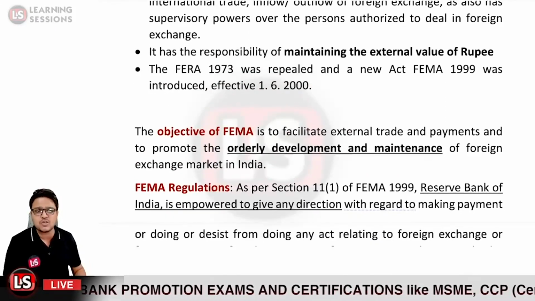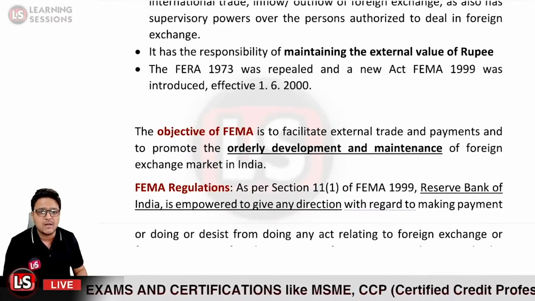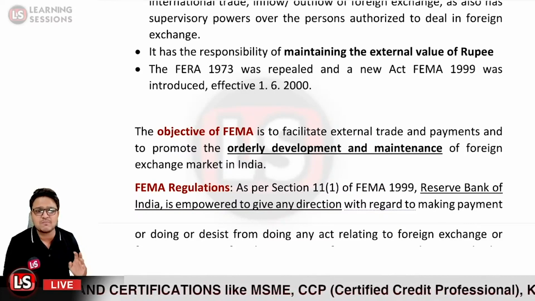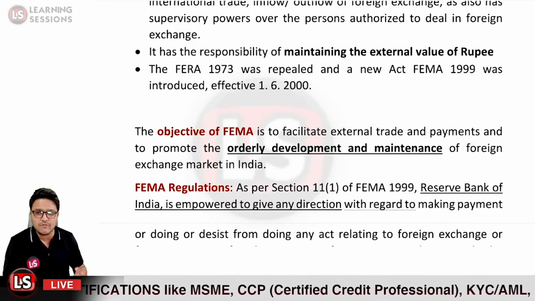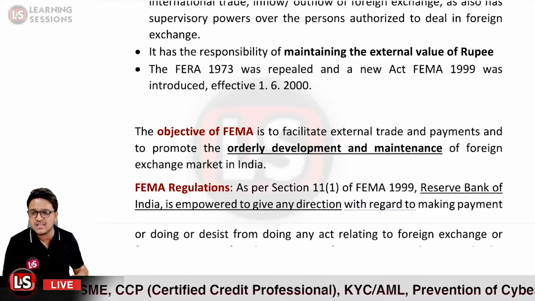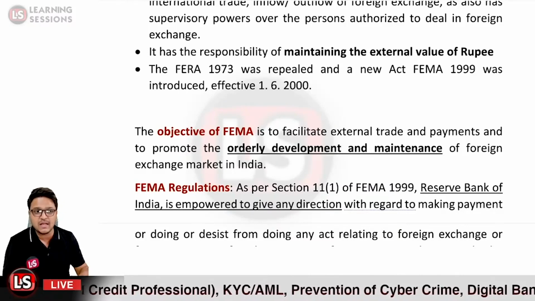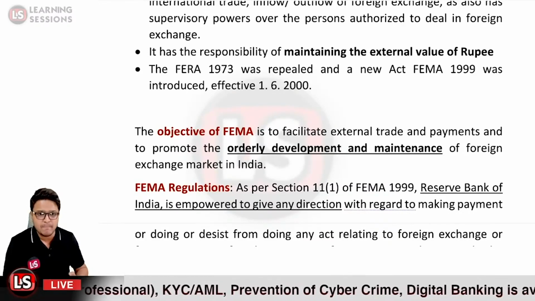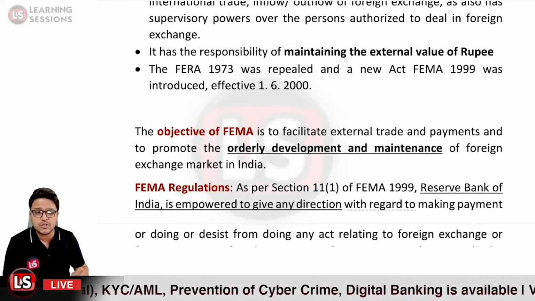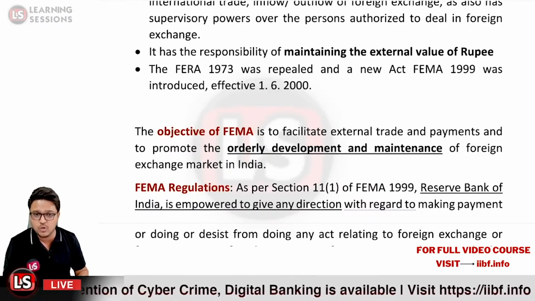As per Section 11 subsection 1 of the FEMA, the Reserve Bank of India is empowered to give any direction in this particular regard. If any direction is to be given by the Reserve Bank of India, it is empowered under Section 11 subsection 1 of the FEMA to do so, and if it wants to desist something from being done under the FEMA, it is also empowered to do so.